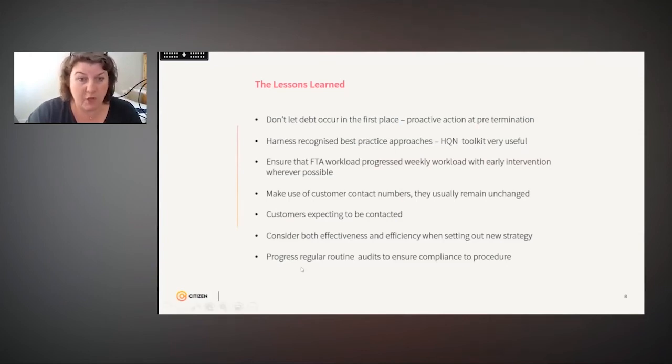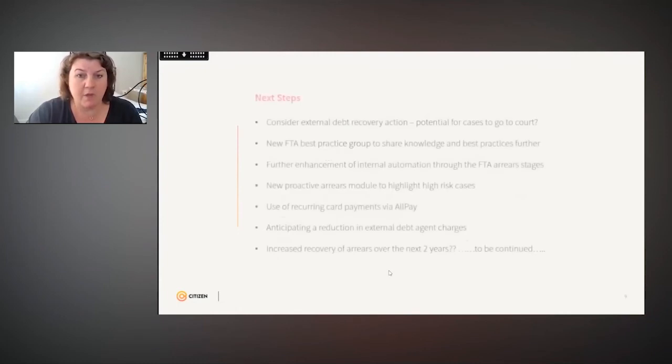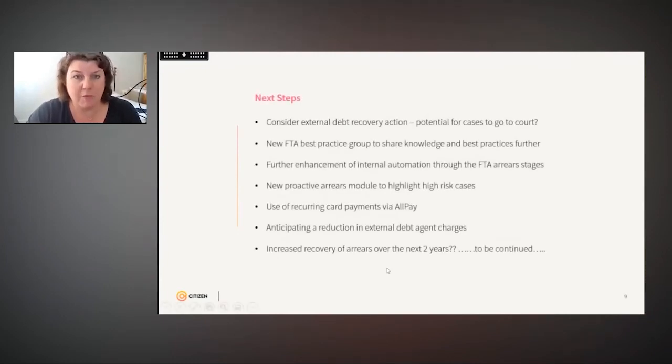And I touched on it earlier: progress regular audits. You really need to reflect findings from the audits. Are staff progressing things in the way that you wanted them to? Is there anything you need to tinker with? Is there anything you need to change going forward?